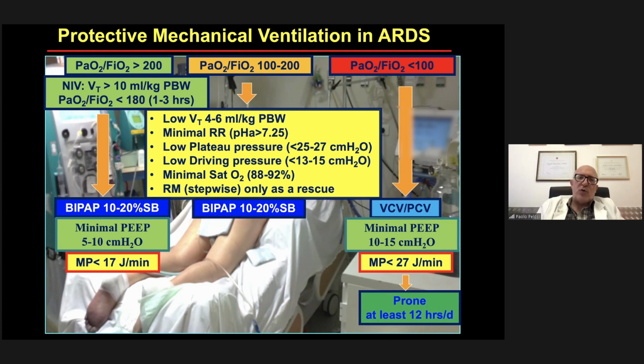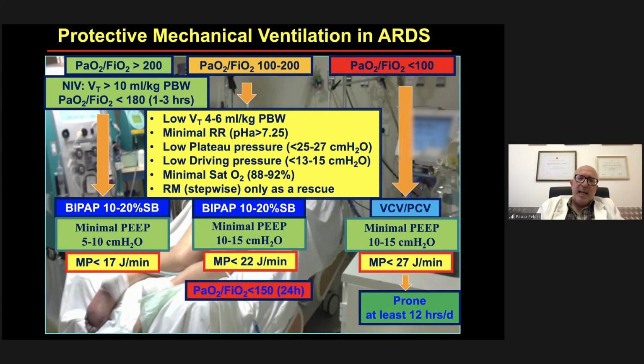If you have PO2 between 100 to 200, again, we should start with assisted ventilation in BiPAP with a little bit higher range of PEEP as compared to the other group, and maintain mechanical power below 22. But if the PO2/FiO2 remains below 150 at 24 hours, or we have an increase in inspiratory drive with a P0.1 above 3 centimeters of water, we should immediately move towards a prone position.